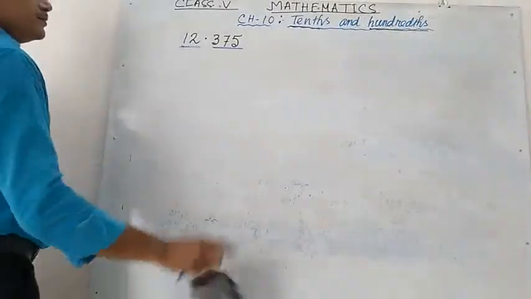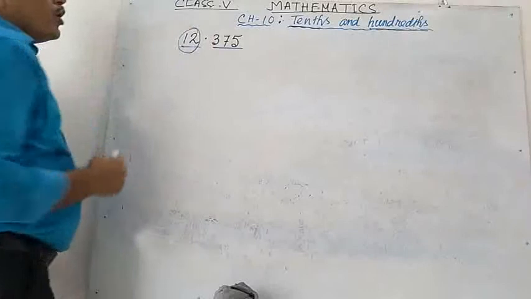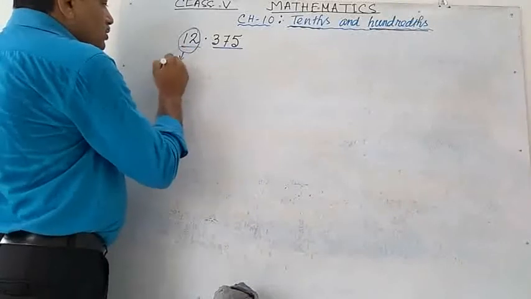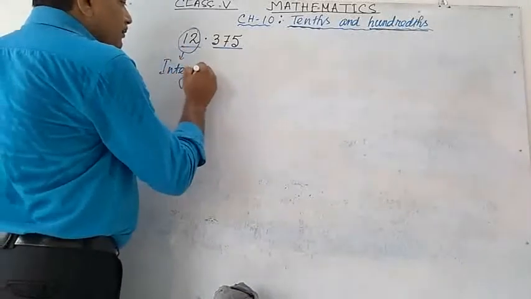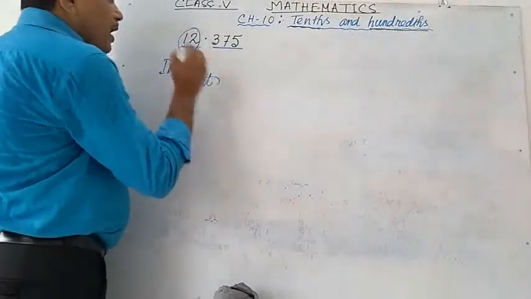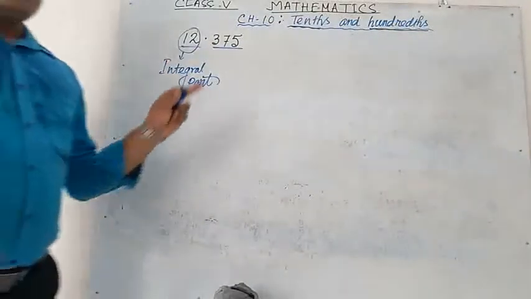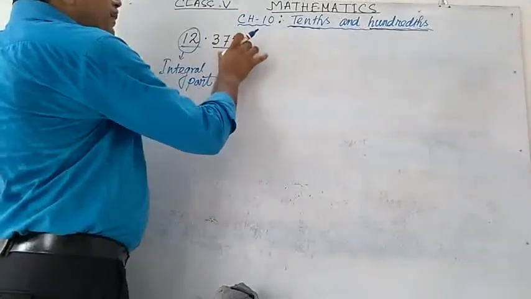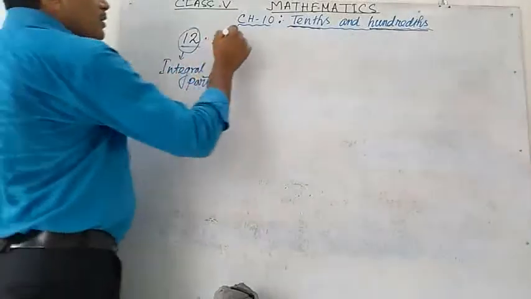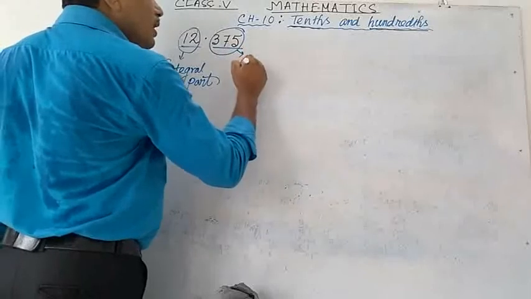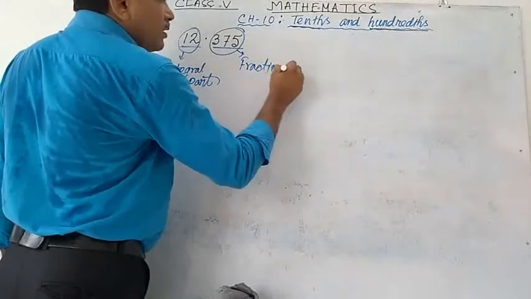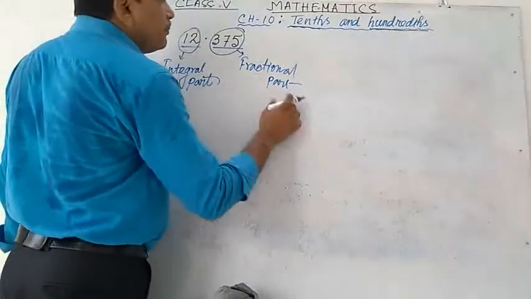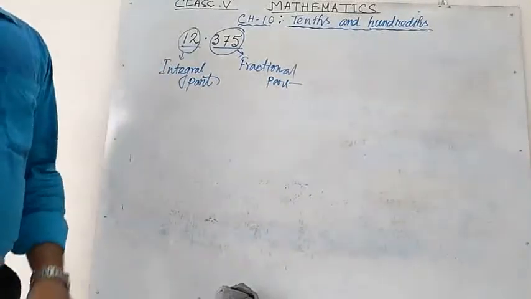The part which is left to the decimal point, or before the decimal point, is called the integral part of the decimal number, and the part right to the decimal point is called the fractional part, or you can say decimal part, of a decimal number.